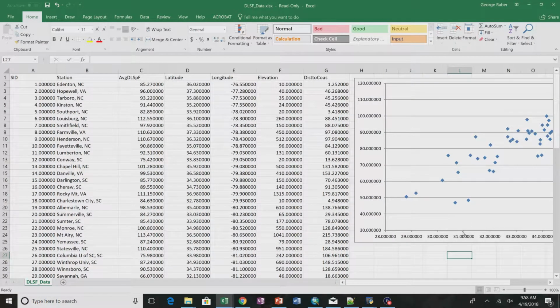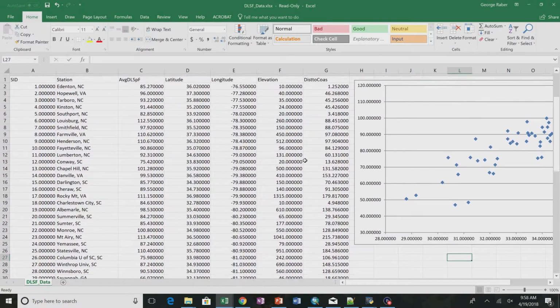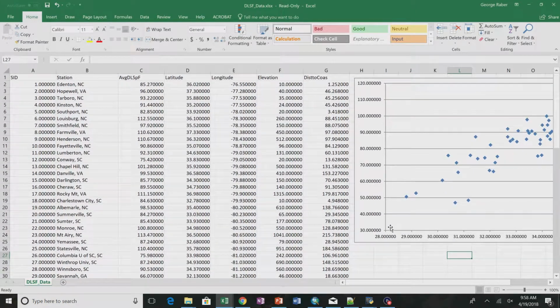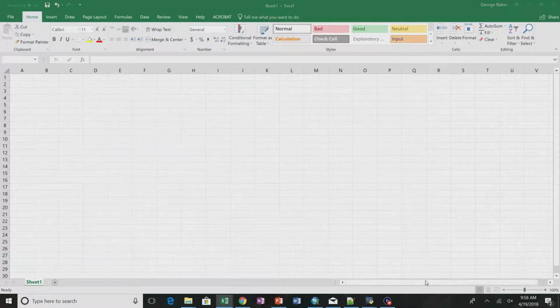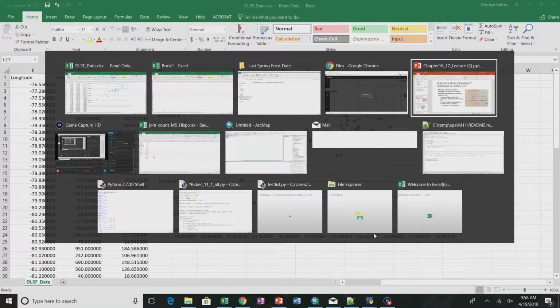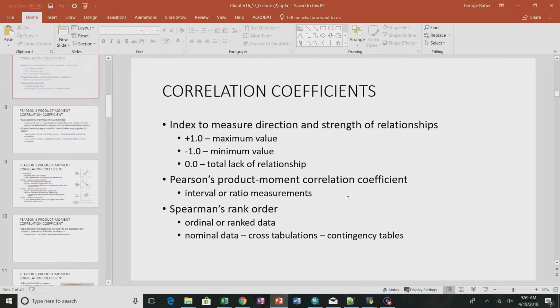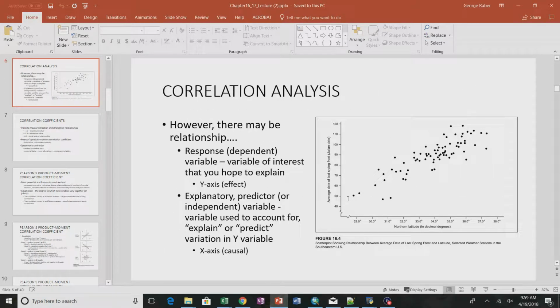Okay, so here, this is the last spring frost day, and this is latitude. So the book author's already made a scatter plot. It's the same scatter plot that we had up earlier. It's this scatter plot here. Okay.